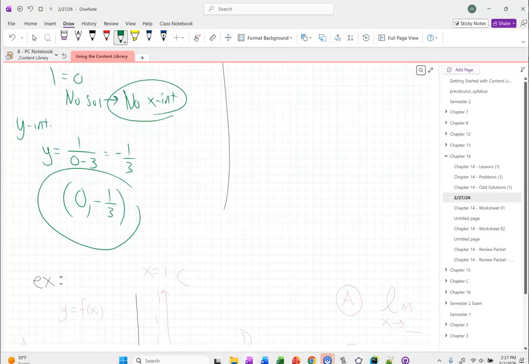So my y-intercept is just (0, negative 1/3). How do I know negative 1/3 is the y-coordinate? It literally says y equals, right? Of course it's got to go in that spot.